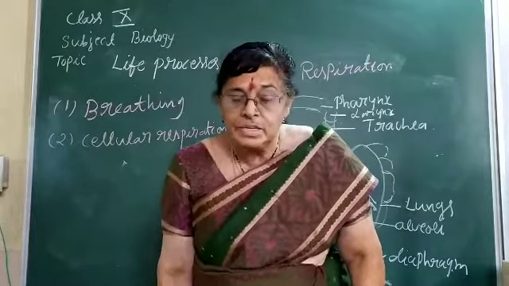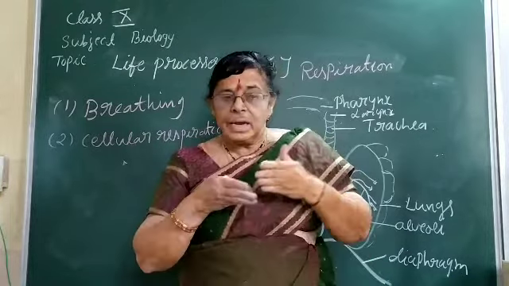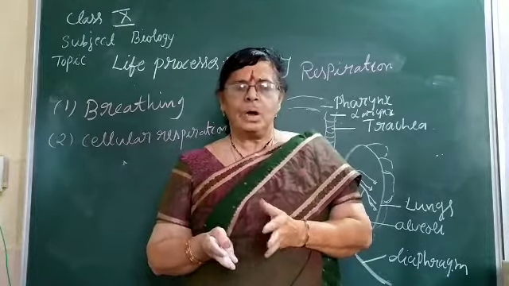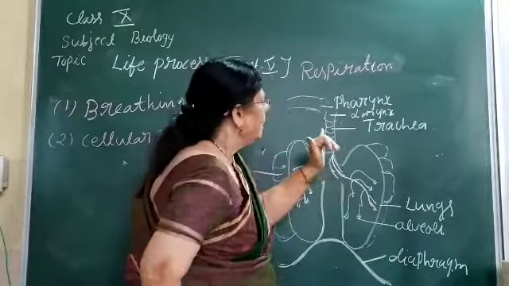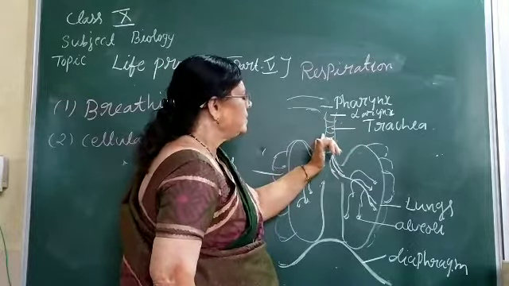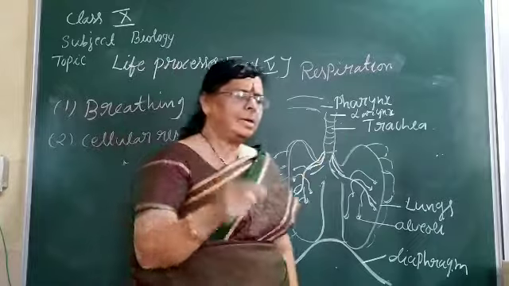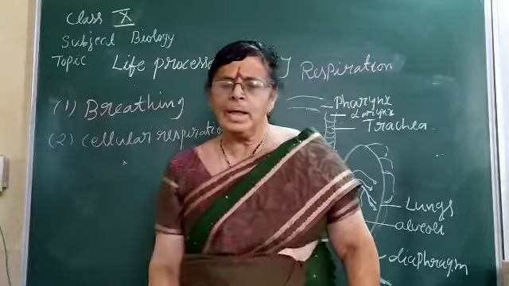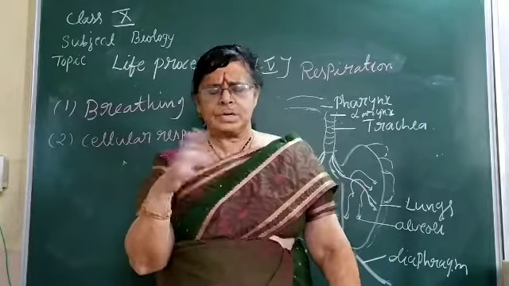If the epiglottis is not open, air cannot pass through, so it is always kept open. Then from the pharynx, the air comes to the larynx, and from the larynx to the trachea. The trachea is also made up of small hair-like structures, so it is almost like a brushing type.